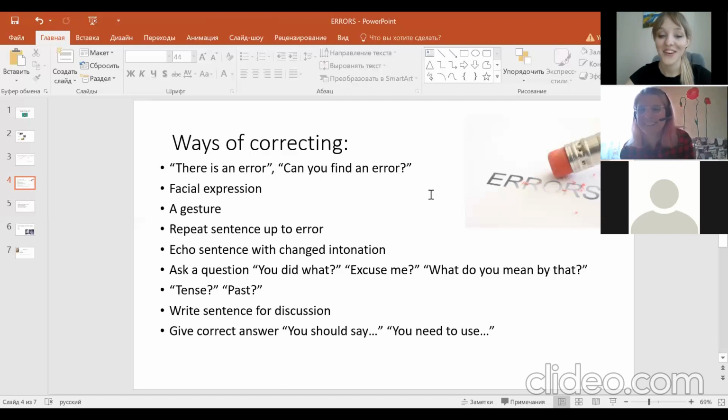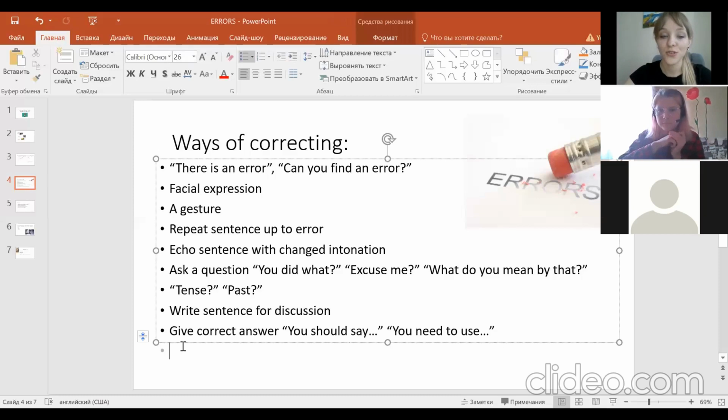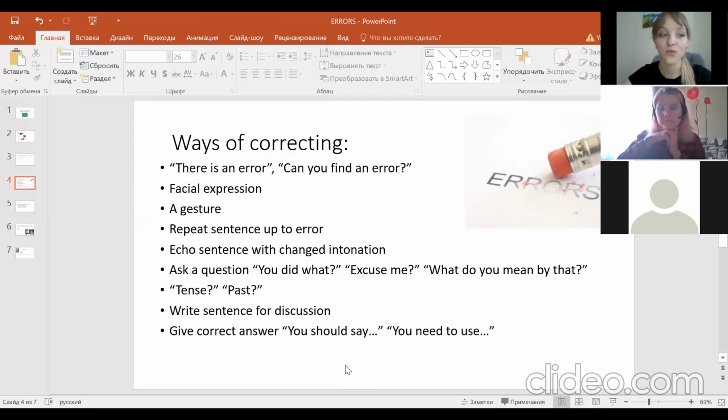No. Maybe the usual teacher in school says, "You should say." Yes, but the problem is that it's not only the usual teacher in school. I saw many teachers who teach on Skype, online, and still many teachers use this. It's the most popular. I was also watching some lessons of teachers in Guru, and I saw that many teachers still use "you should say," or "it's not correct, say this." It's like 90% of all mistake correction.